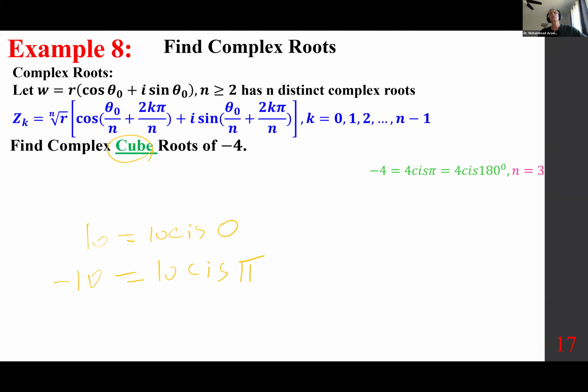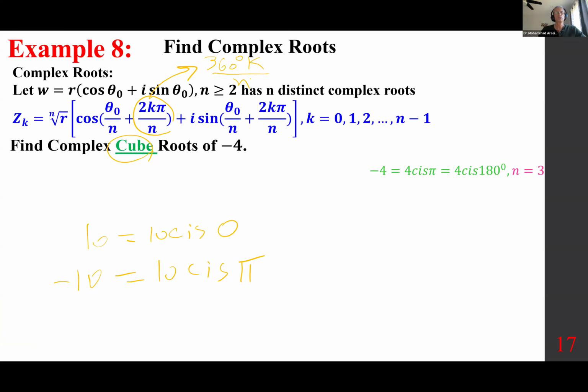Let's do the math, everybody. And again, reminding everybody that instead of that we can have 360 degrees times k divided by n. We can do that.